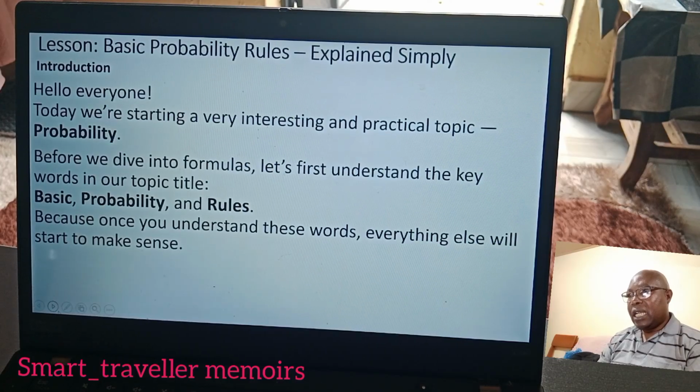So the key words are basic, probability, and rules. Because once you understand these words, everything else will start to make sense.